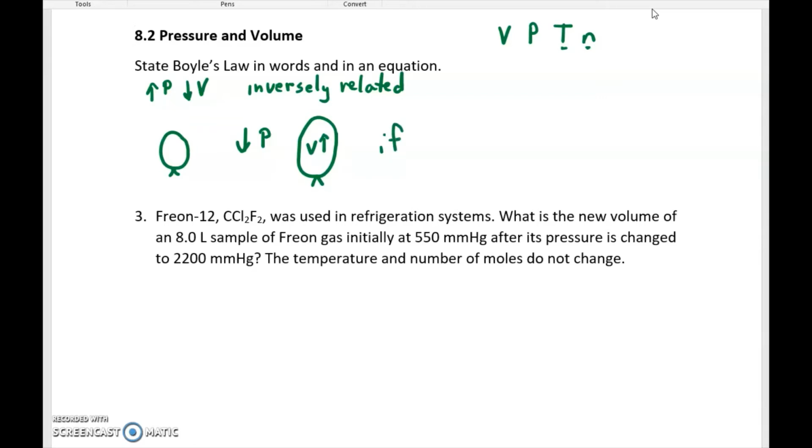If I increase the pressure, our balloon will get smaller. So this is the fundamentals of Boyle's law. We can write this as an equation by saying that P1 times V1 will equal P2 V2.